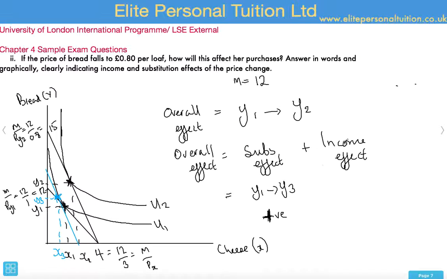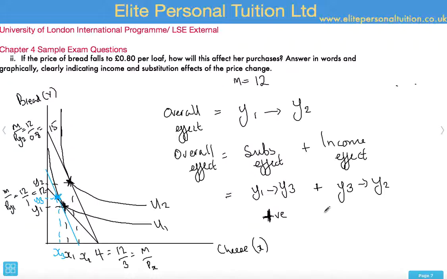So to get the income effect, well, the income effect is just the rest of the overall effect. So the overall effect was from y1 to y2, as we wrote here. The substitution effect is from y1 to y3, so therefore the income effect is from y3 to y2. This bit here.